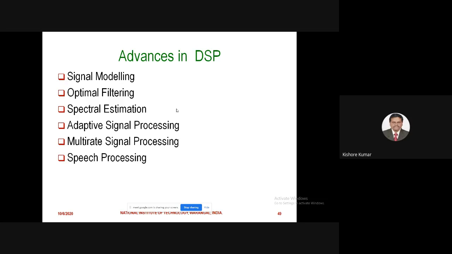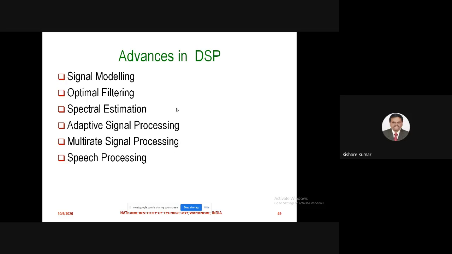Second, it should be applicable to the infinite length. And it should provide unity gain; the probability density function must be unity. If any particular estimator provides these features, then that is called a good estimator. We will discuss these concepts in spectral estimation.